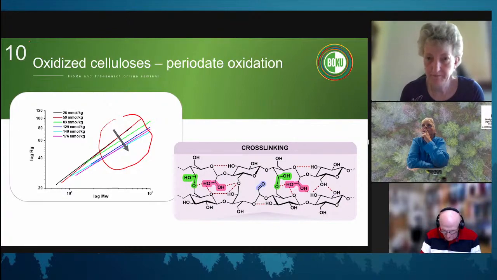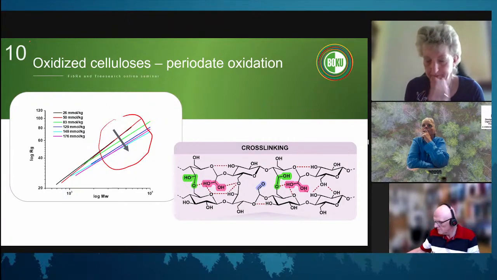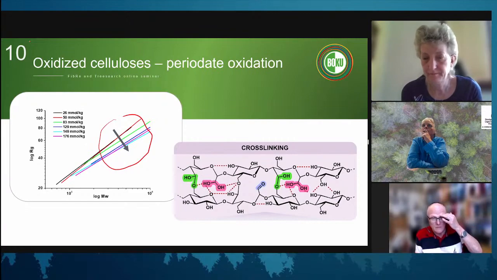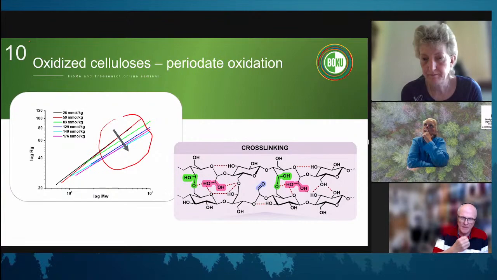So basically, any cellulosic object, if it's a fiber, a CNF, or I guess also a regenerated, dissolved, more amorphous cellulose object, it all shrinks in sodium periodate. And that has bugged us for years.